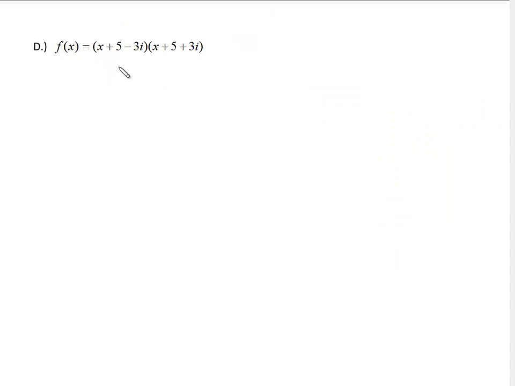let's take a look at our next example, which has some complex numbers in it. So we've got x plus 5 minus 3i and x plus 5 plus 3i. So this one looks like it's going to be harder to come up with those solutions.